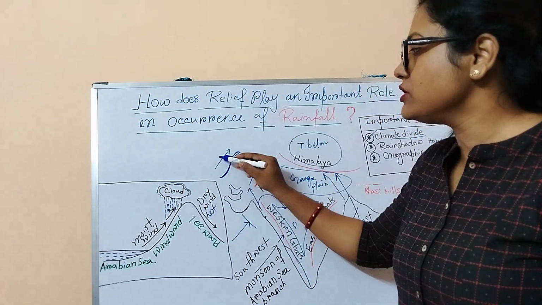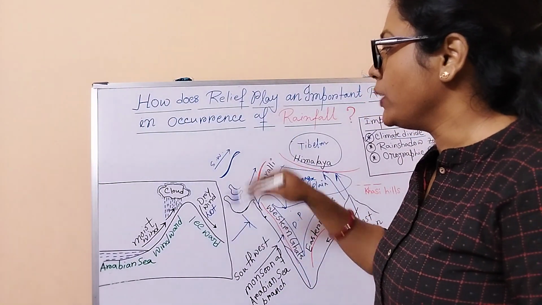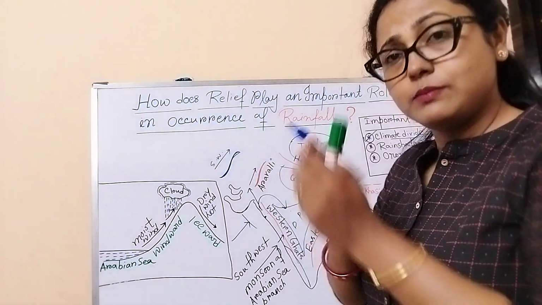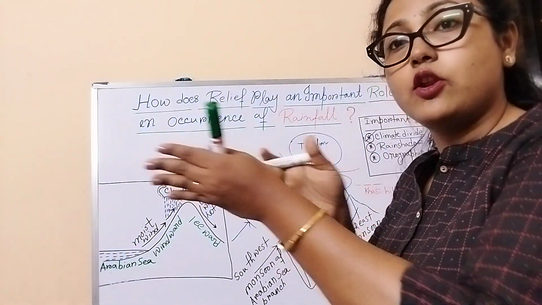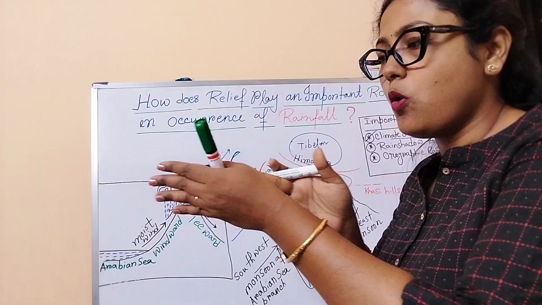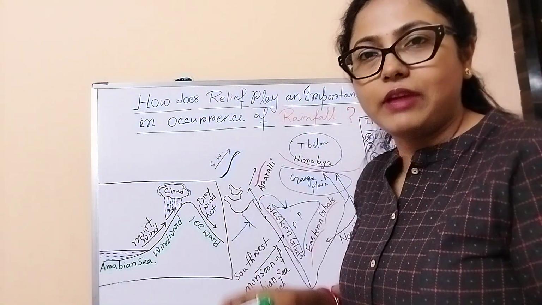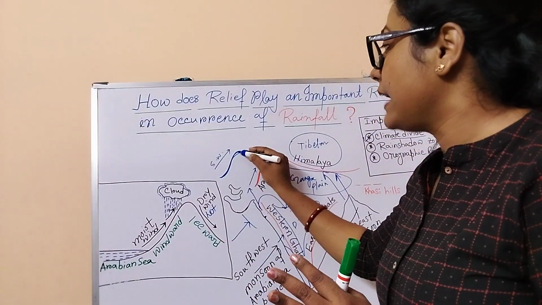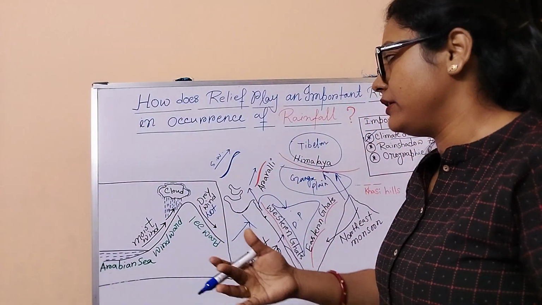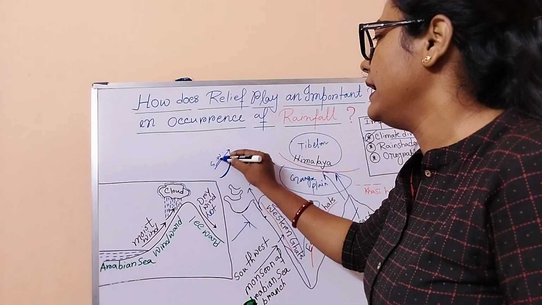With Aravalli range, the southwest monsoon is blowing parallelly. So as parallel, what will happen? There will be no collision. There will be no obstruction. Even the Aravalli range is much lower in elevation. As a result, it cannot obstruct the moisture laden wind.